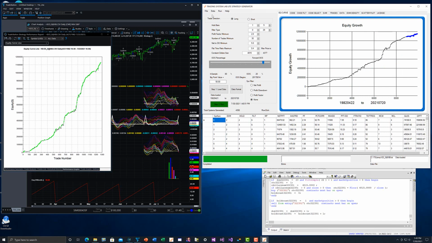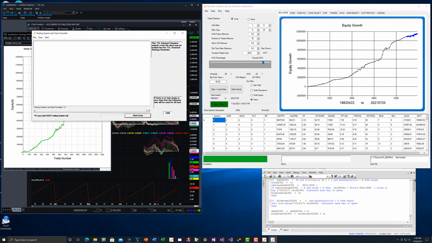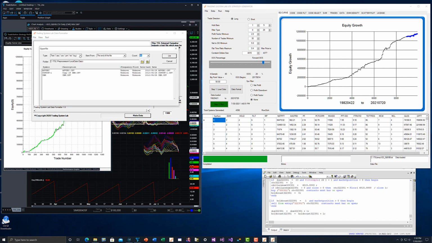For data types, we have a data file formatter here, and we basically load in data that we want, and we can accept many different forms of data: AIQ, CSI, Metastock, Dow Jones, Future Source, Telechart, Tech Tools, and text data.